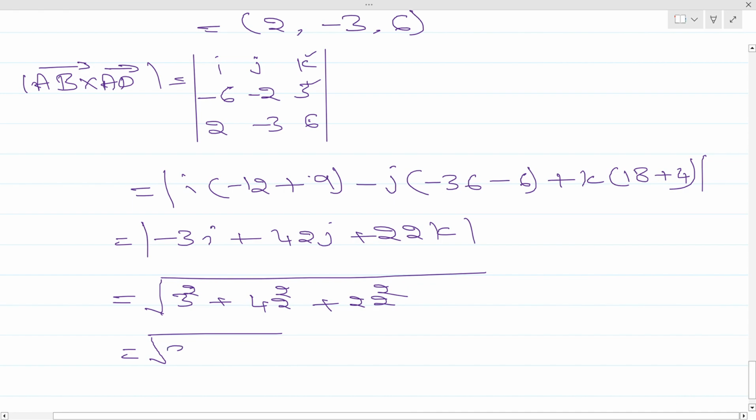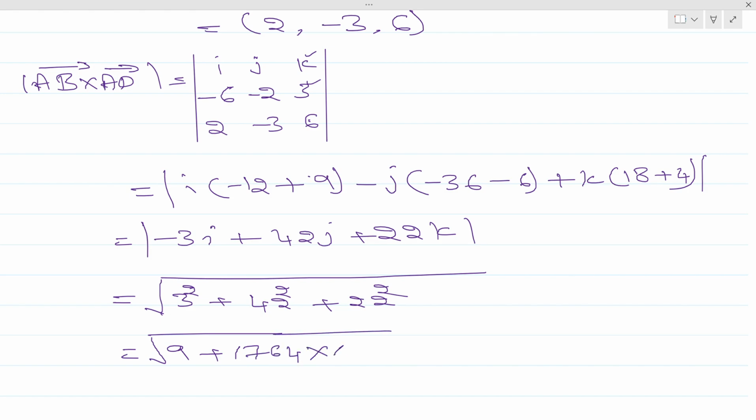Where I get under the root 9 plus, I can find out 42 square as 42 times 42, 1764, and 22 square is 484.